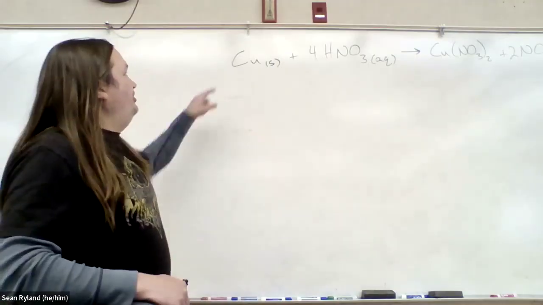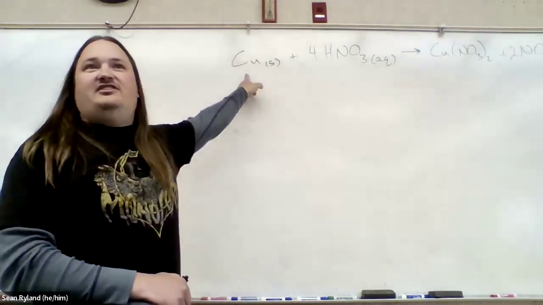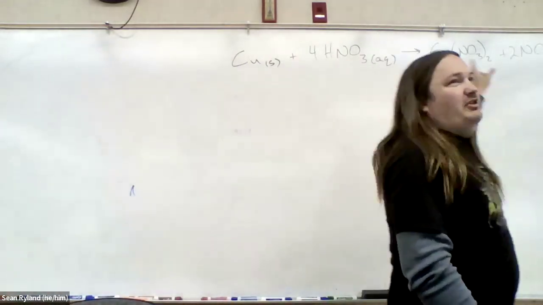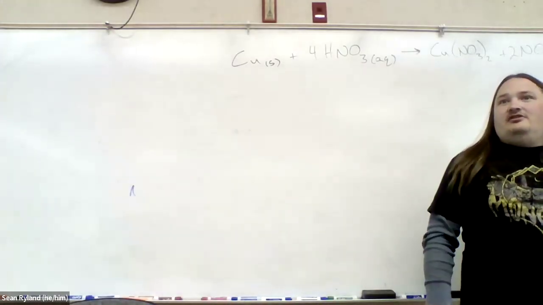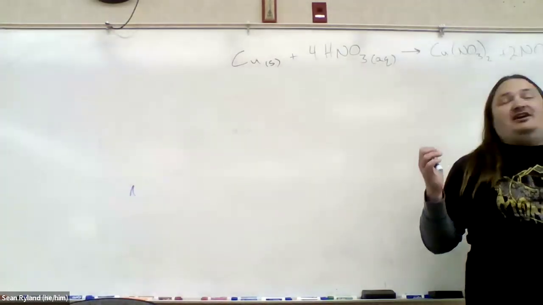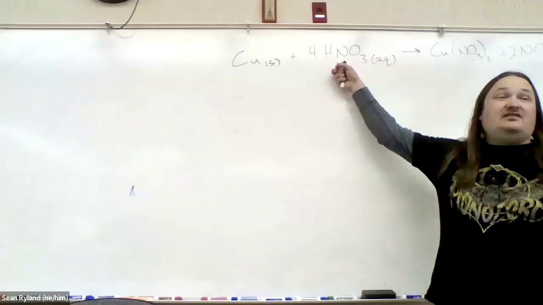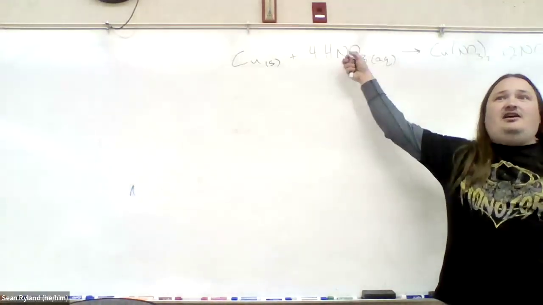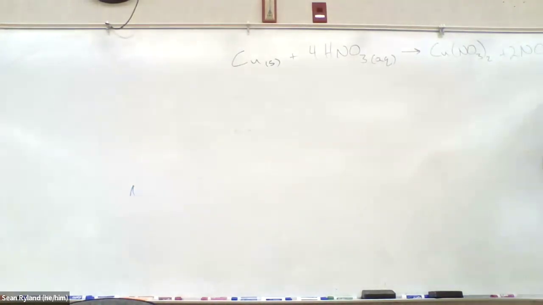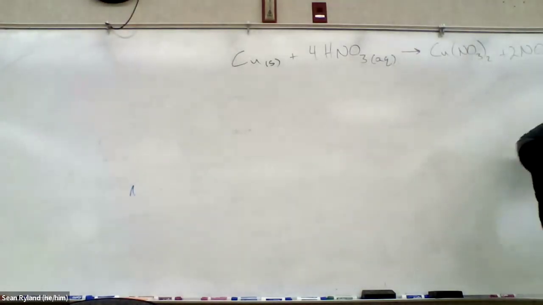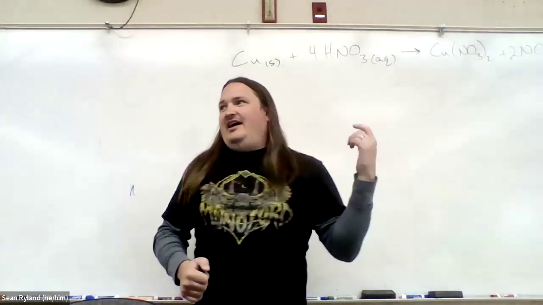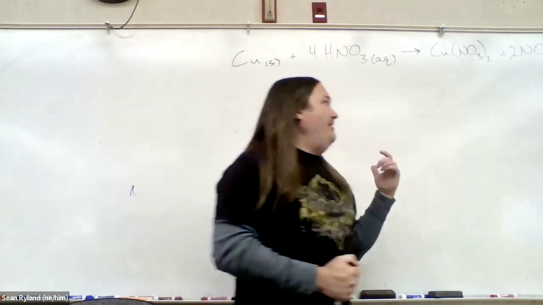So when their charges are changing, copper is going from a charge of 0 to a charge of +2. So right away, we know this is a redox reaction. However, it also involves an acid, and it winds up making water. So we also have an acid-base reaction happening at the same time.